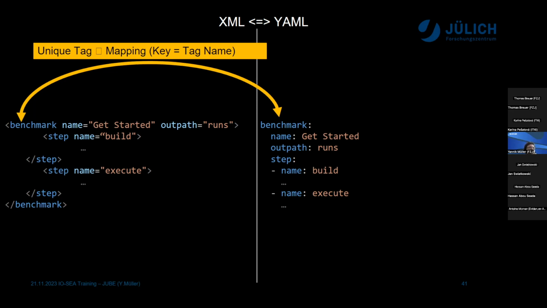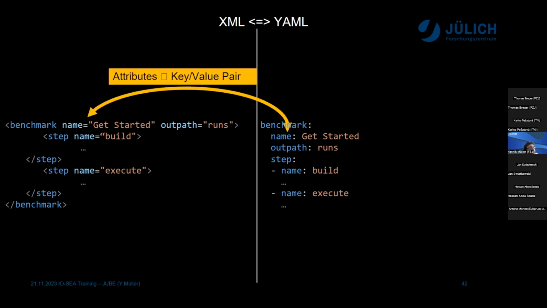Yeah? And mapping in YAML is just key colon value, and then the value itself can be another non-leaf node, so a mapping or a sequence in YAML, or it can be a leaf node or a scalar value of some form.